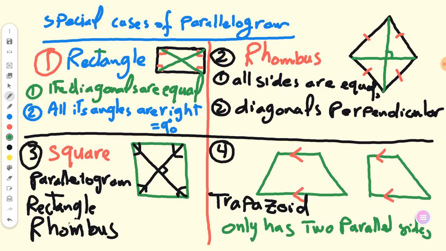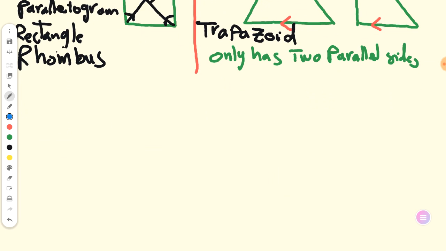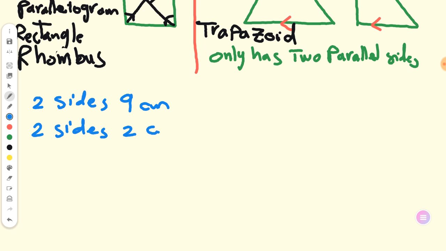Okay, another question. A shape has two similar sides and another two similar sides that are different, as the following. If I have two sides with length 9 centimeters and two sides with length 2 centimeters, what can we call it?